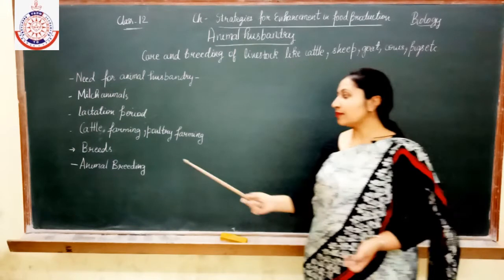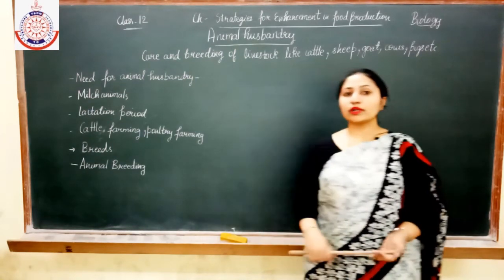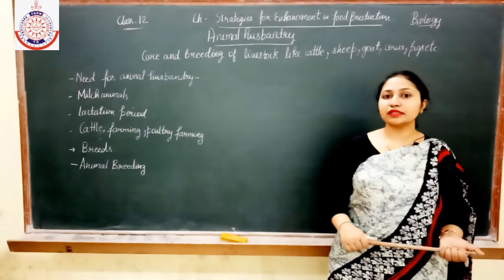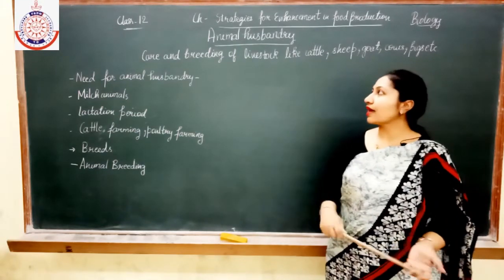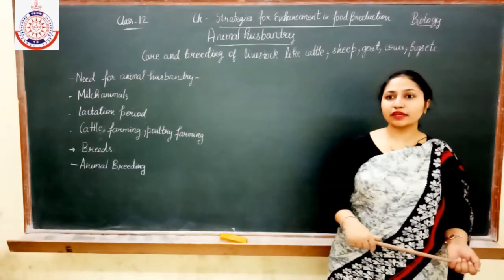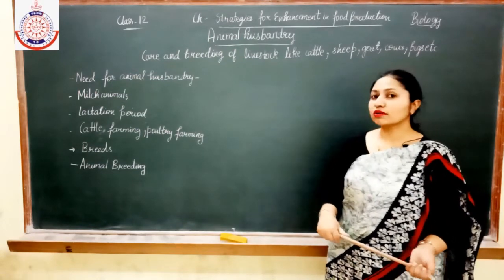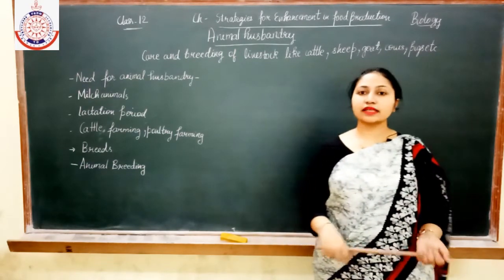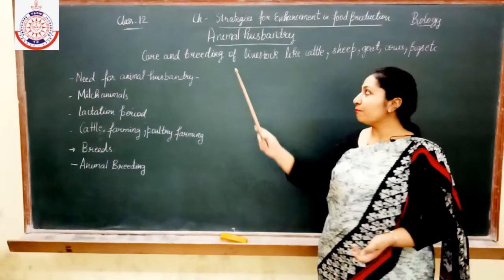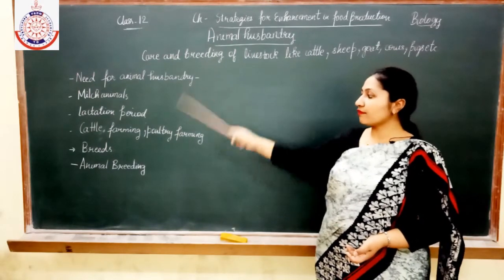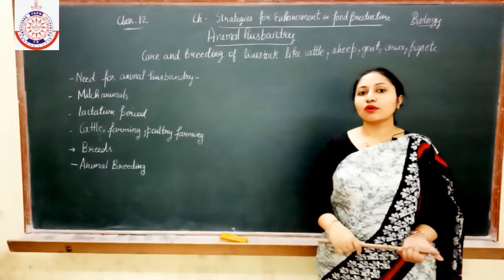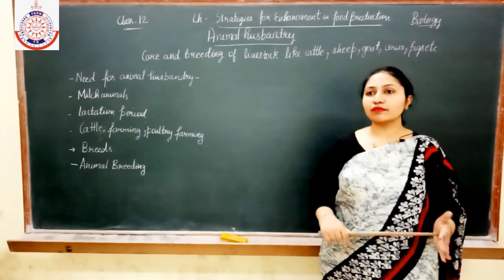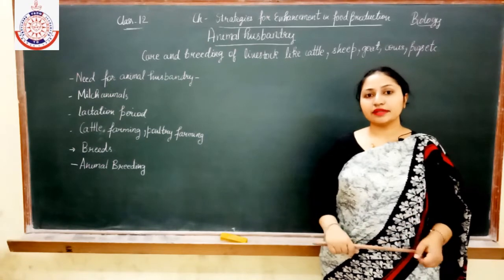Now next is animal breeding. What is animal breeding and why is it required? Animal breeding, like we have done in the case of animal husbandry, is related with the care and breeding of livestock like cattle, sheep, goat, cows, pigs, etc. Breeding can be inbreeding, it can be outbreeding, which we will discuss in this chapter in detail.